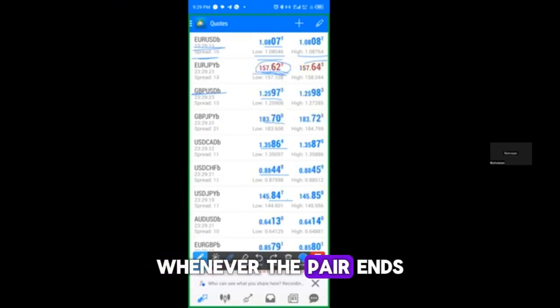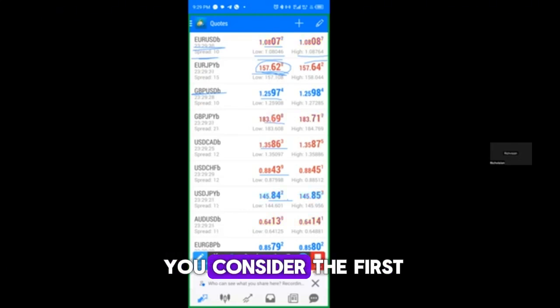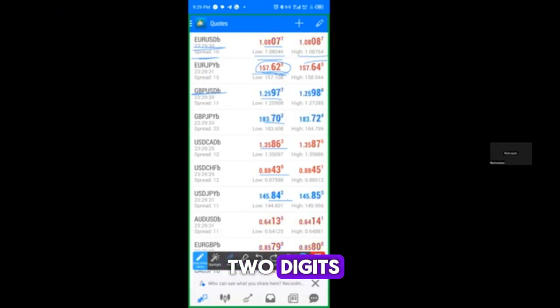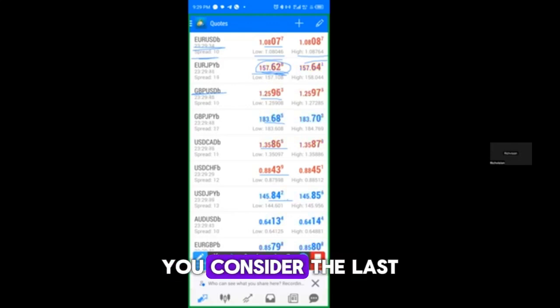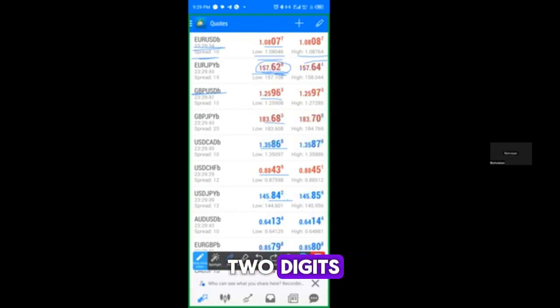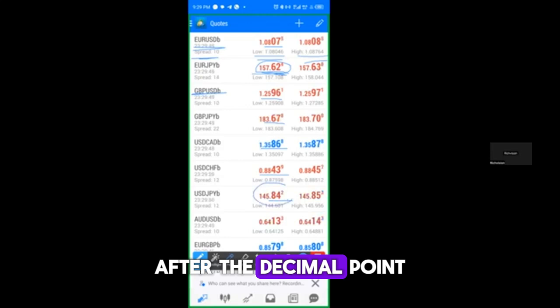Whenever the pair ends with JPY, it is 2 digits. You consider the first 2 digits after the decimal point in the computation of your pips. Again, when it is ending with JPY, you consider the last 2 digits after the decimal point.